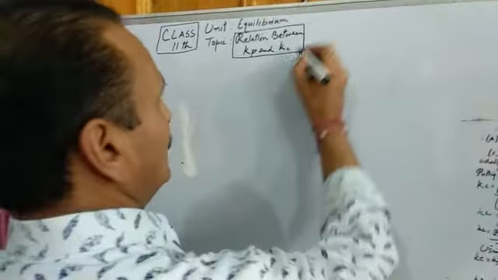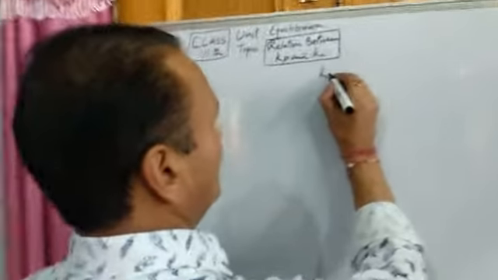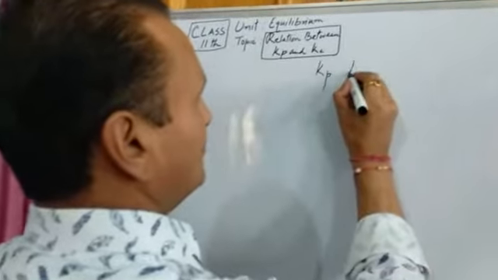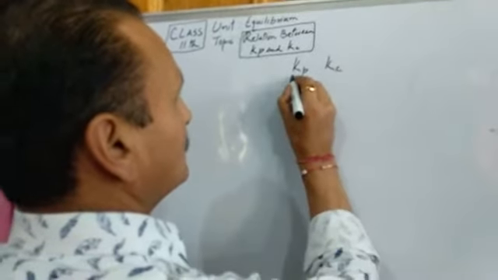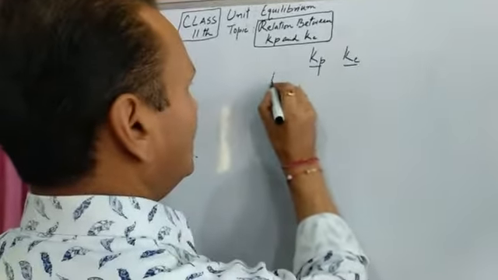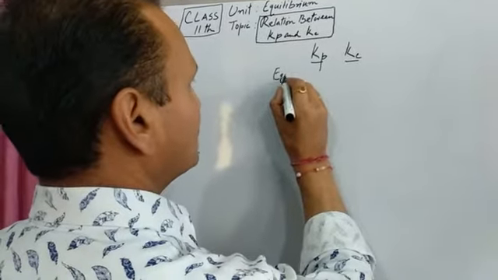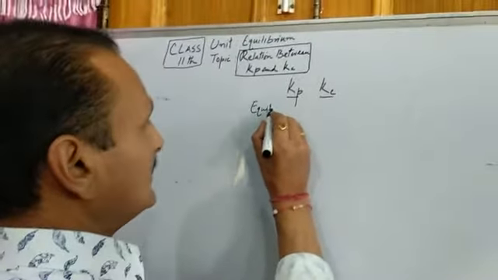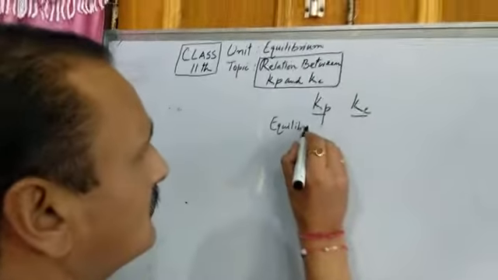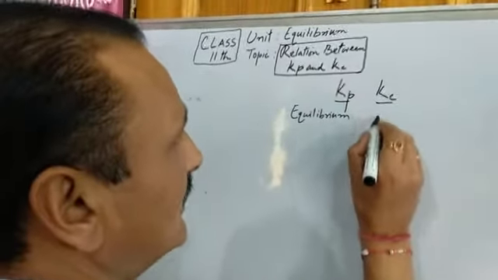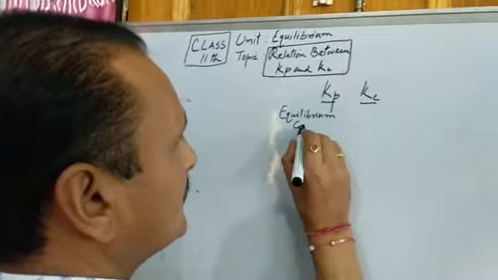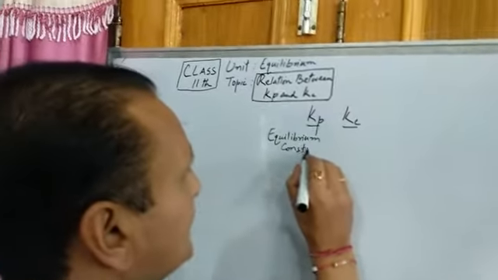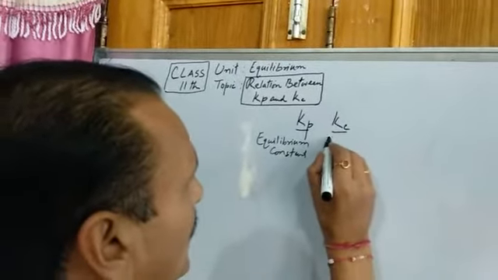Now, we have already read what is Kp and what is Kc. Both are equilibrium constants. Kp is an equilibrium constant and so is Kc.